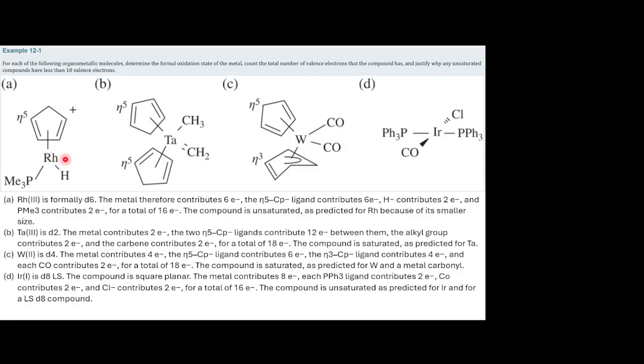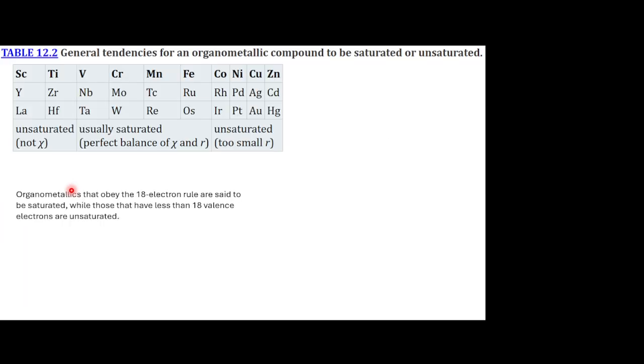And then the N5 here is going to give us 6 electrons being contributed. The hydrogen here is 2 electrons because we got the bond there. This one's going to be another 2 electrons. And so that's going to only total up to 16 electrons. If we look at our previous table here, we'd see that this is not predicted to give you 18 electrons, is it? It's too small.